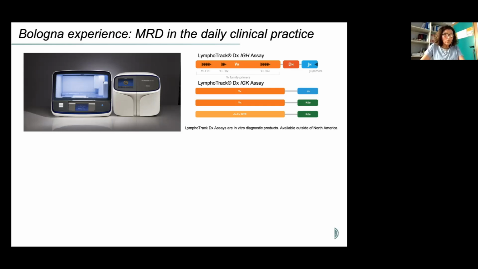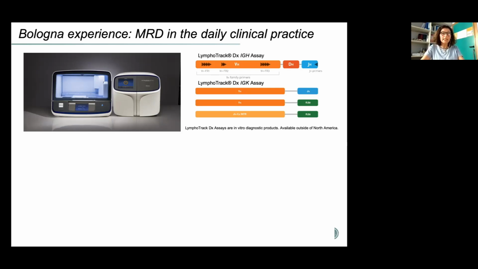In our institution, we decided a few years ago to set up minimal residual disease monitoring in patients with multiple myeloma achieving very good clinical response. At that time, we had available at our institution the Thermo Fisher S5 NGS platform, and so most of the data I'm going to present derive from this platform.